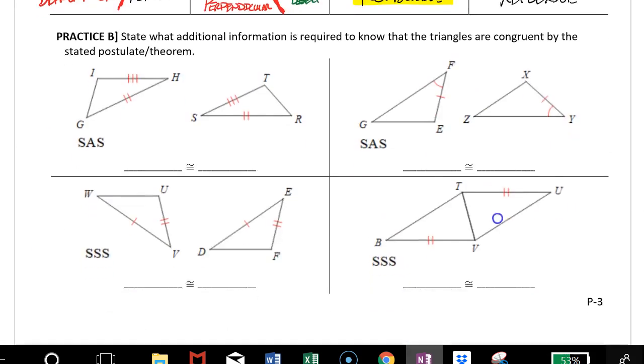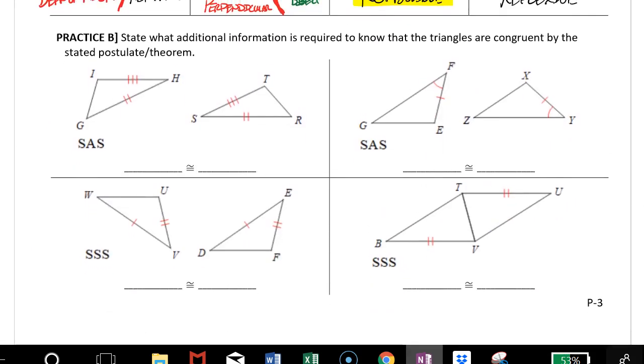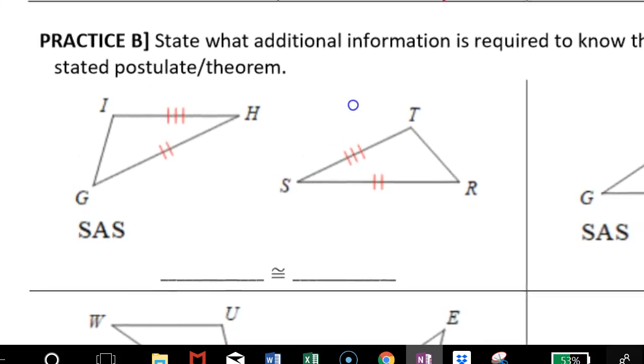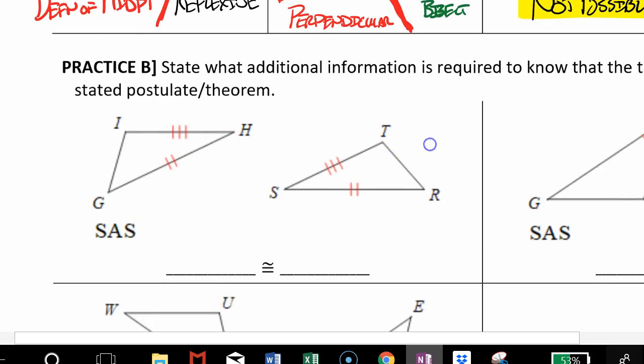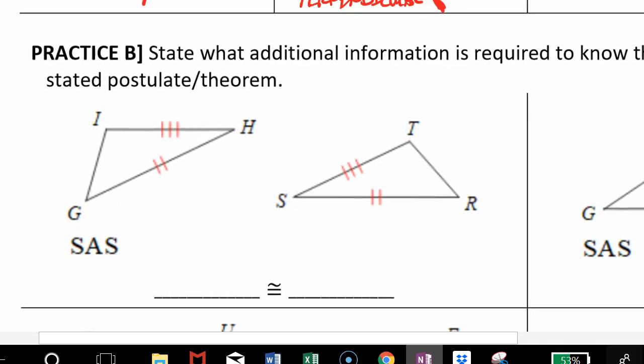Okay. The other style of problem that we can ask with triangle congruence is to state additional information that is required in order to show the two triangles are congruent by a given theorem. As an example, the first section here, if I want to prove these two triangles congruent by side angle side, well, from the given diagram, I know I have two sides being congruent.